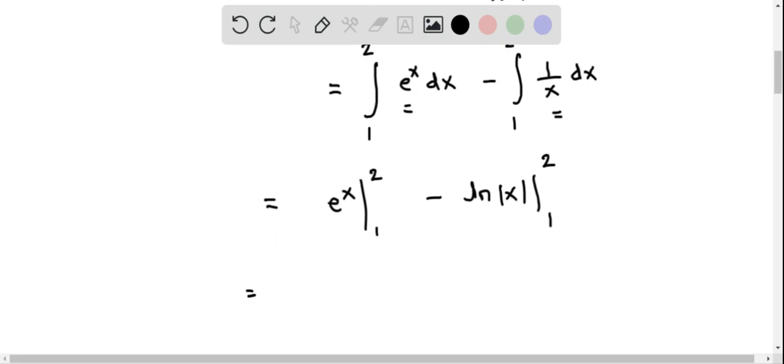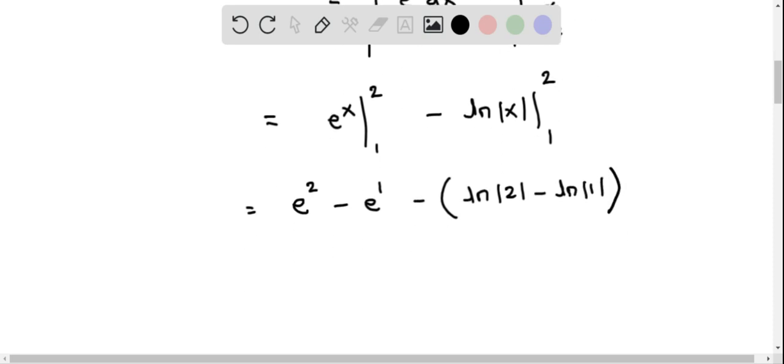Now let's substitute the limits. We put the upper limit, so this becomes e raised to the power of 2 minus the lower limit, e raised to the power of 1, minus the natural logarithm of the absolute value of 2 minus the natural logarithm of the absolute value of 1.